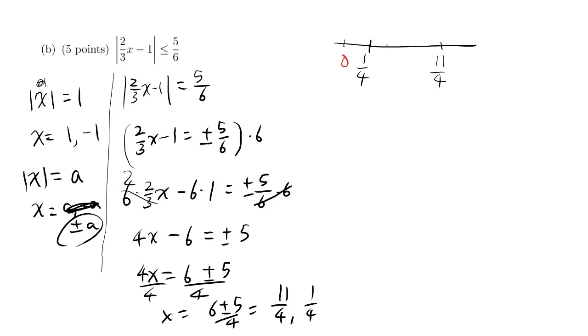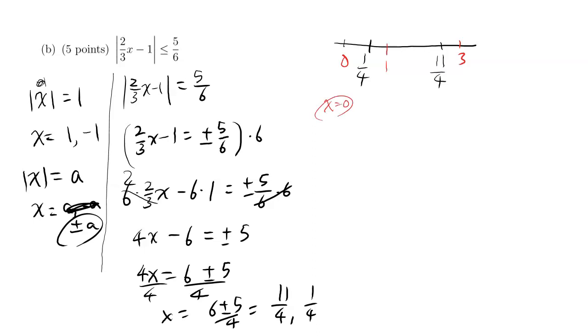In between, we'll choose 1. 1 is slightly bigger than 1/4. And here, I was going to say 10, but 10 divided by 3, that's not a good number. So let's pick something like 3. 11 over 4 is less than 3, right? So we'll pick 3.